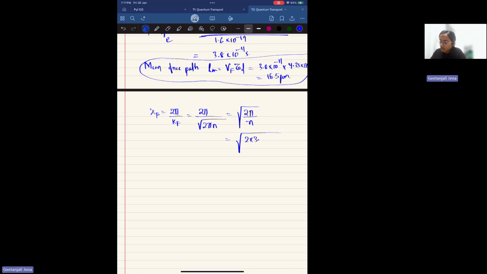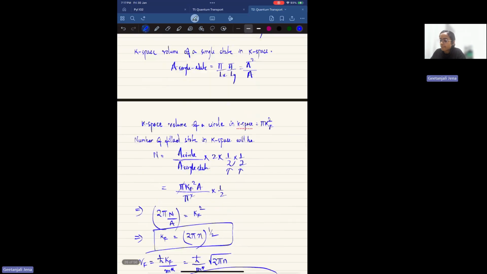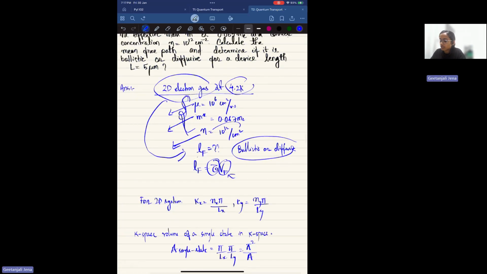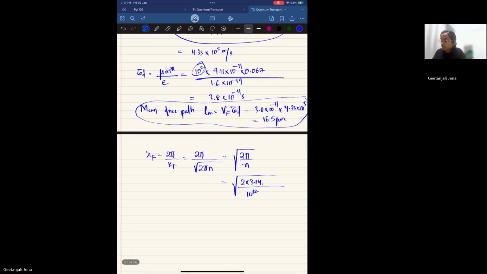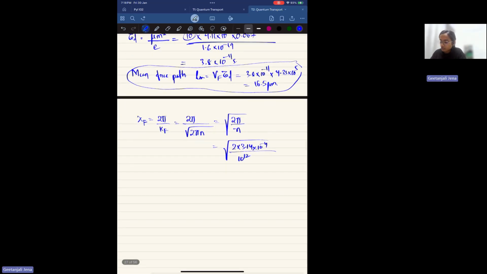So 2, 3.14, and n is 10 to the 12 per centimeter square. So this will be 2.5 times 10 to the minus 8 meter, or 0.025 micrometer.